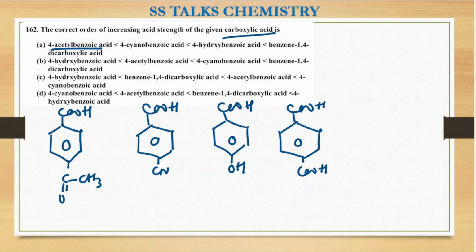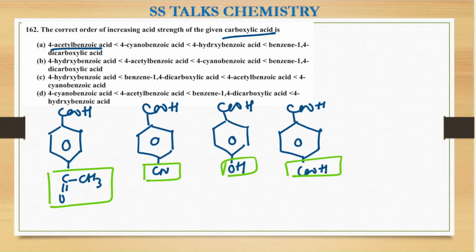So the major difference is of these substituents that are present over here. We have to see which of the following species is going to stabilize the conjugate base that will be formed after the loss of this acidic hydrogen from the benzoic acids. For maximum stability of the conjugate base, you have to see the one that is going to provide the maximum stability, and it is going to be of the highest acidic strength, right?